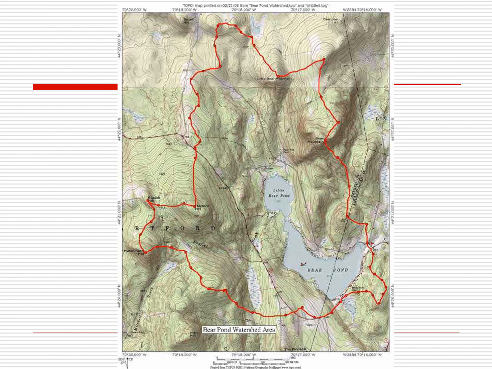You'll see that there is a line that circles the tops of the mountains and hills around the Bear Pond. Basically any water, rainfall, or snow that falls inside that line will end up in those ponds. Any water that goes on the outside of those lines will end up going into a different watershed. And if you look at the lower right-hand side, you will see the outlet of that pond, and that water will end up going out that way.